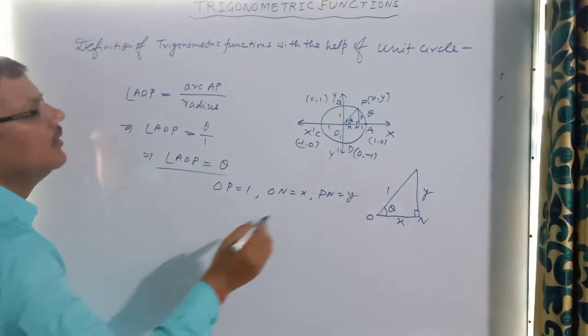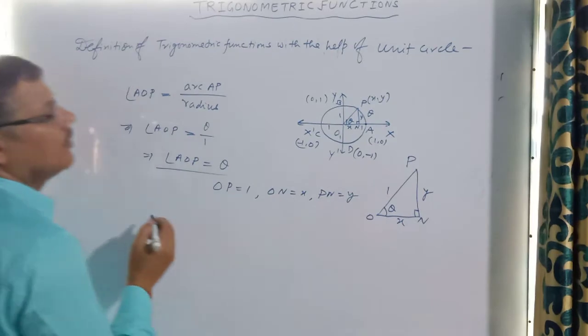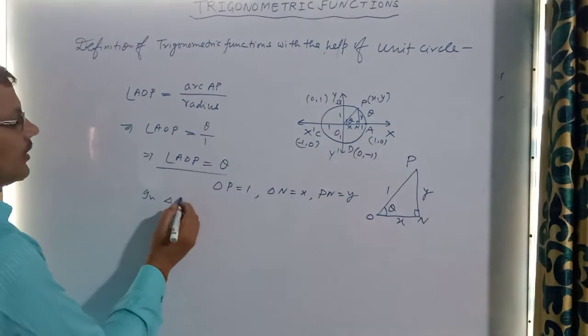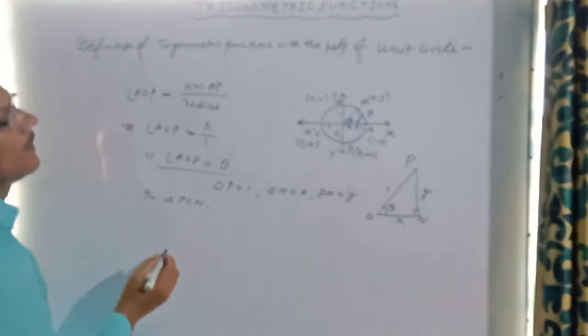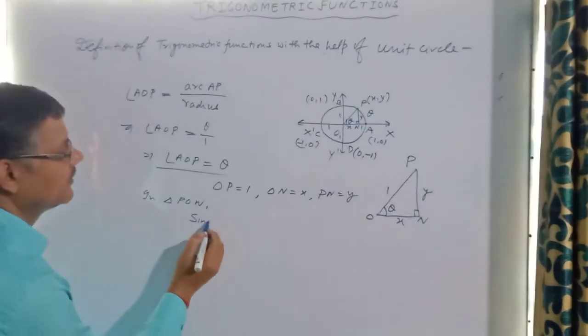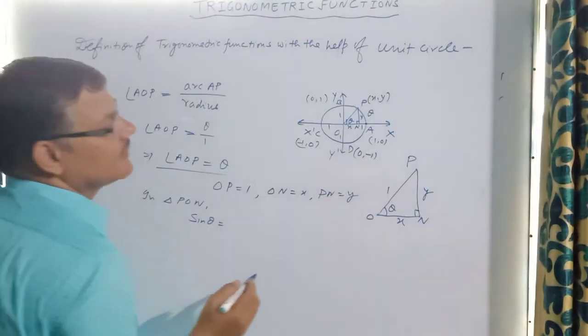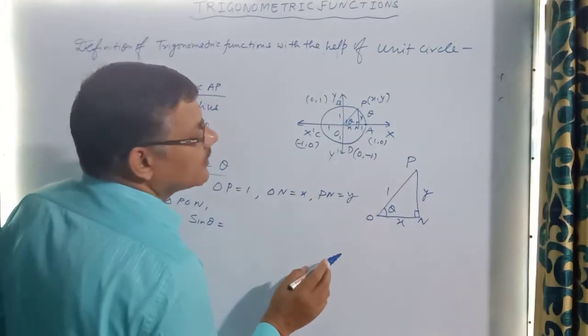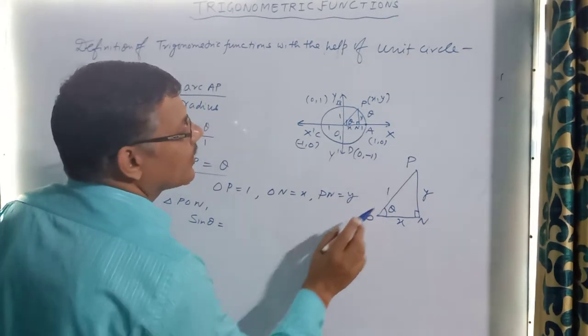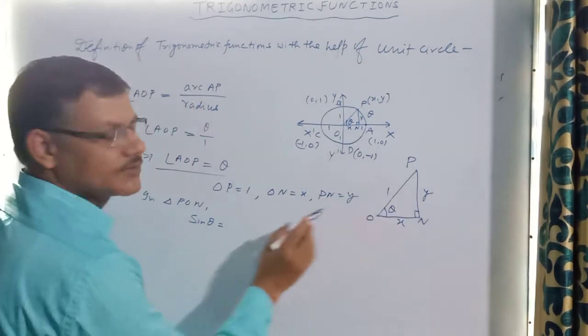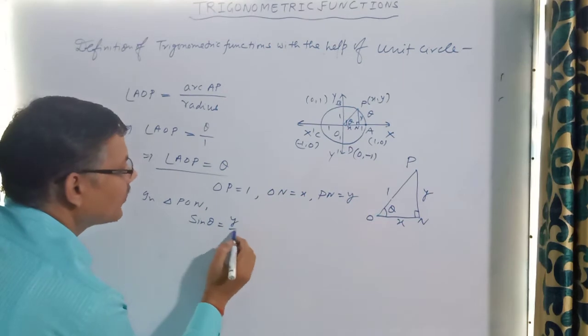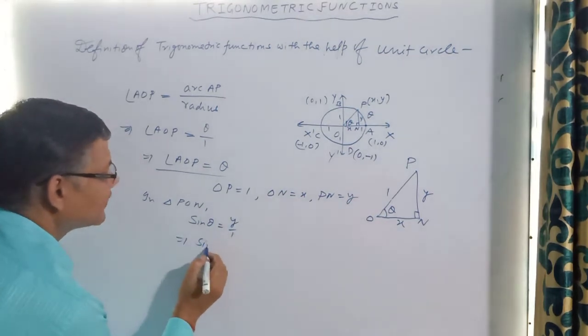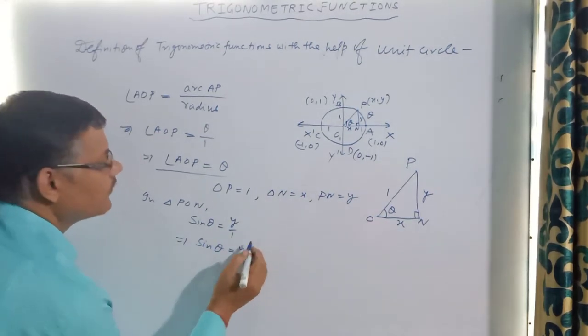So in triangle PON, sin theta is equal to what? By definition, sin theta is equal to perpendicular by hypotenuse, and it is y by 1. It implies sin theta is equal to y.